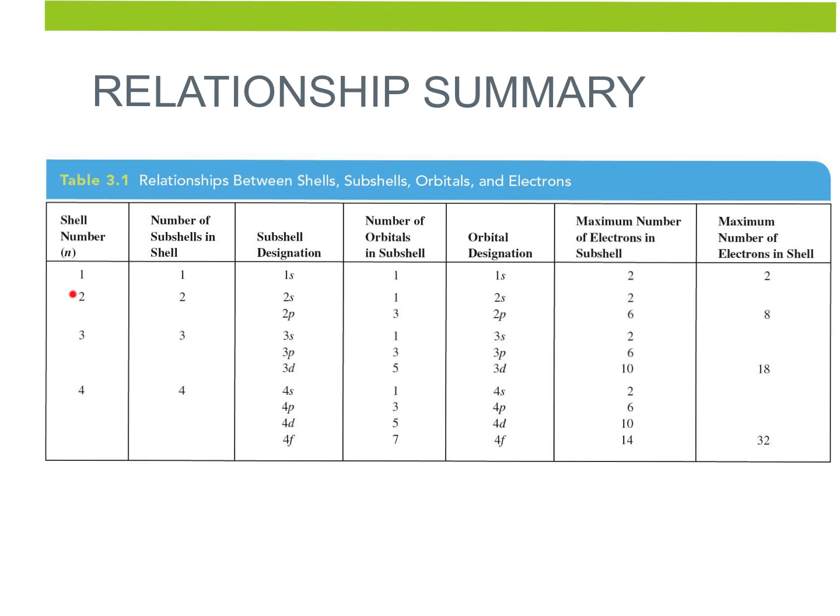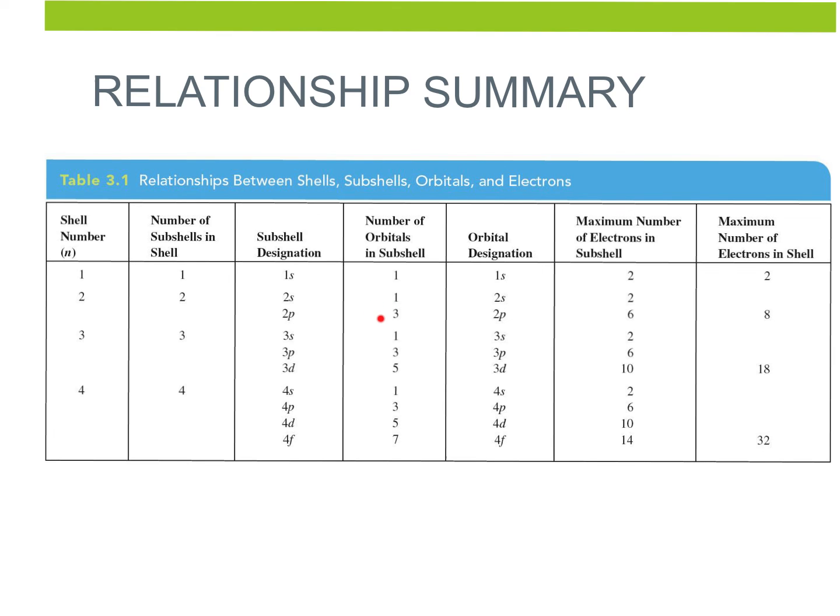Next, we have shell number 2. There are 2 subshells in the second shell level: the S subshell and the P subshell. How many S orbitals are there? Just 1, that 1 sphere. How many P orbitals?